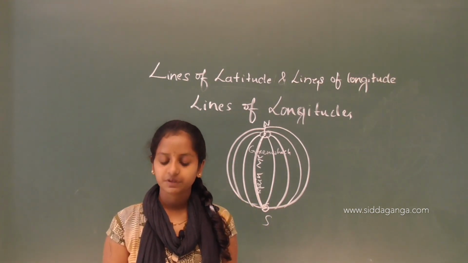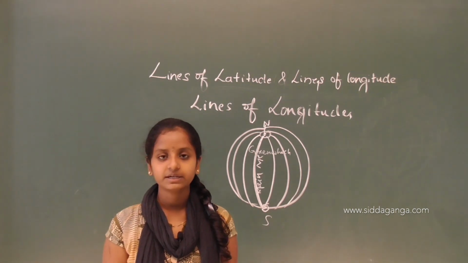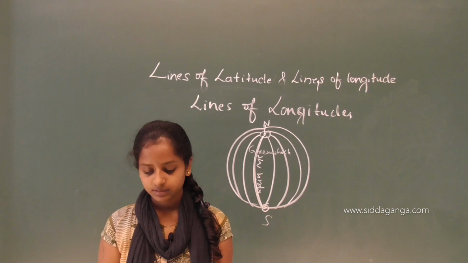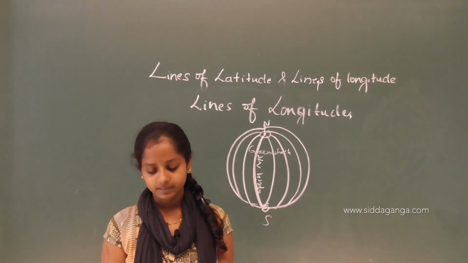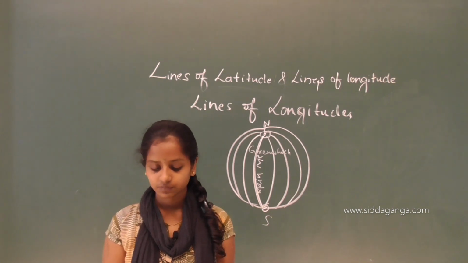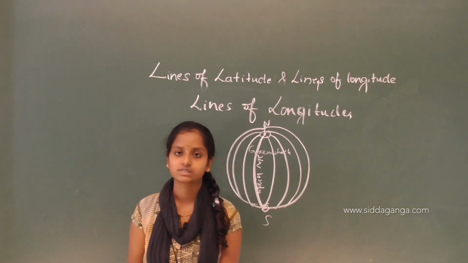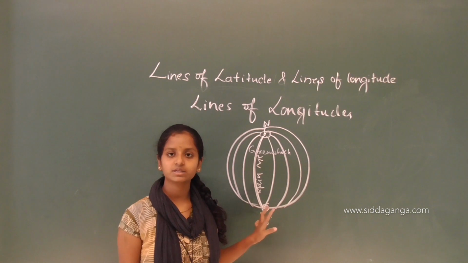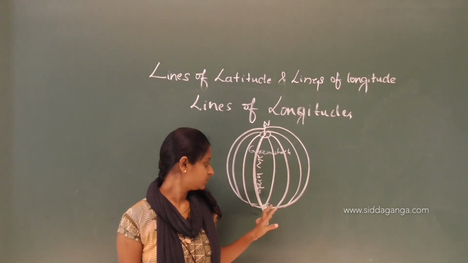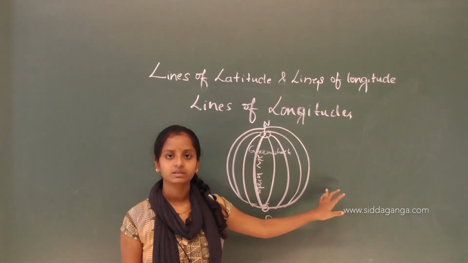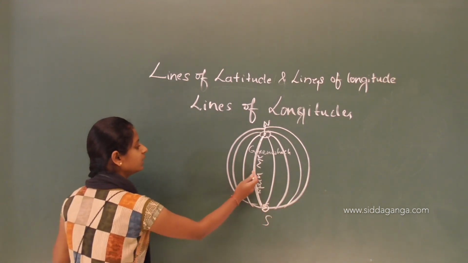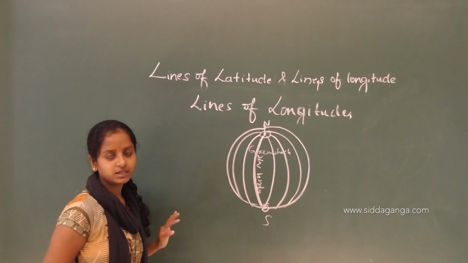The area between 0 degree and 180 degree east is the eastern hemisphere, while the area between 0 degrees and 180 degree west is the western hemisphere. So this main meridian is taken as 0, and to the east is the eastern hemisphere, and from this main meridian to the west is the western hemisphere.